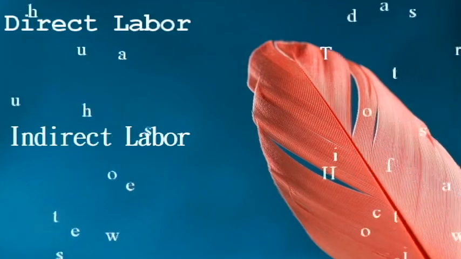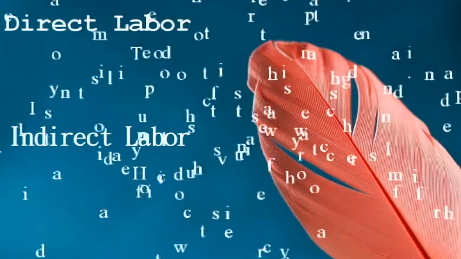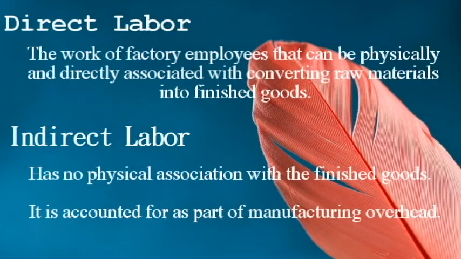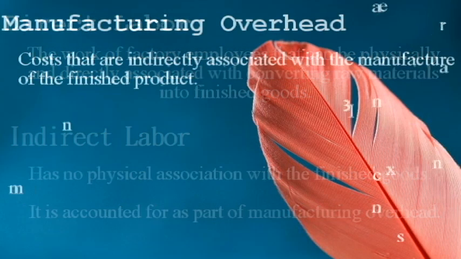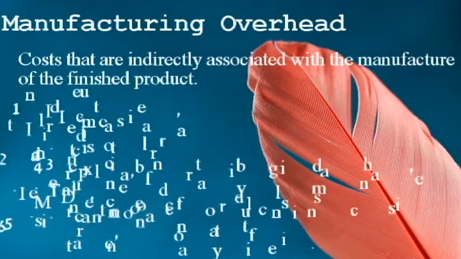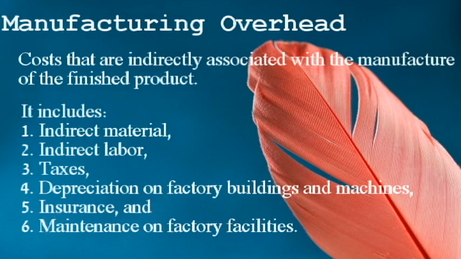Direct labor is the work of factory employees that can be physically and directly associated with converting raw materials into finished goods. Indirect labor has no physical association with the finished goods. It is accounted as part of manufacturing overhead. Manufacturing overhead are costs that are indirectly associated with the manufacture of the finished product.